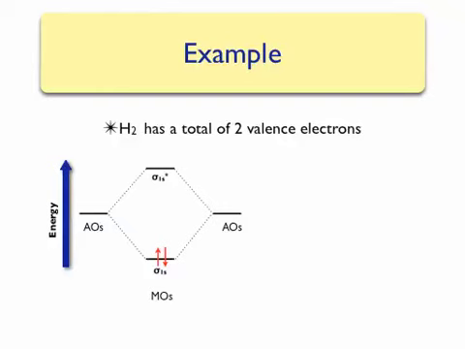If we calculate a bond order for hydrogen, we need to take the number of bonding electrons, which is 2 in this case, and subtract from it the number of antibonding electrons, which is 0. This gives us a bond order of 1.